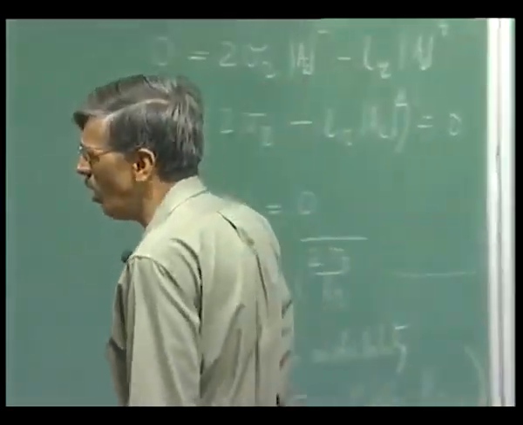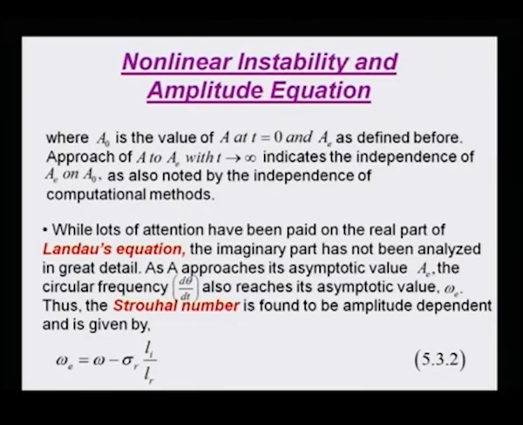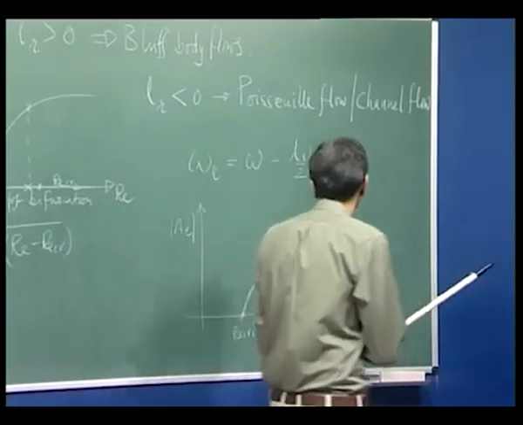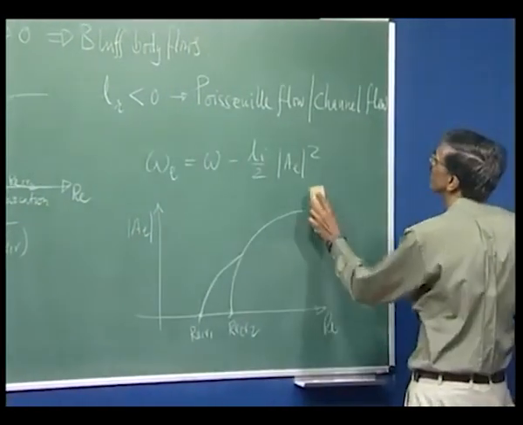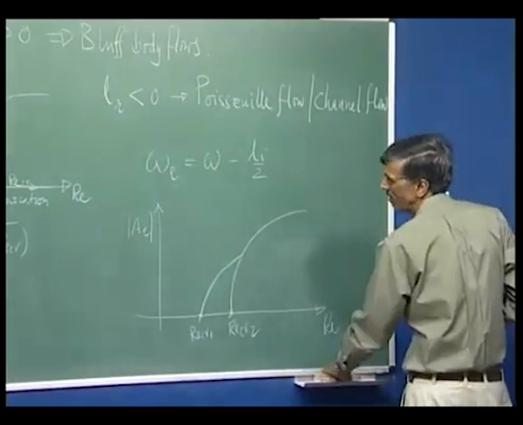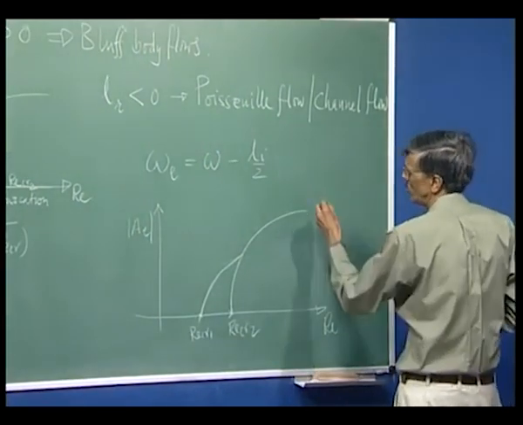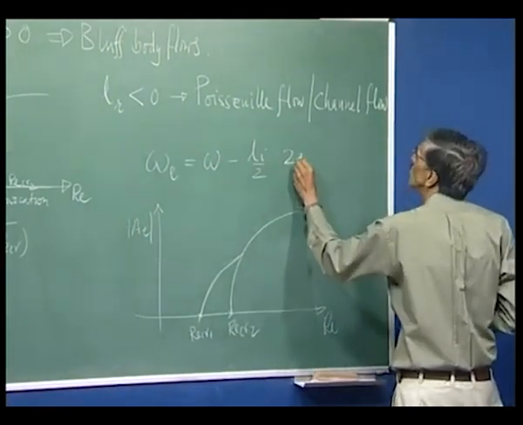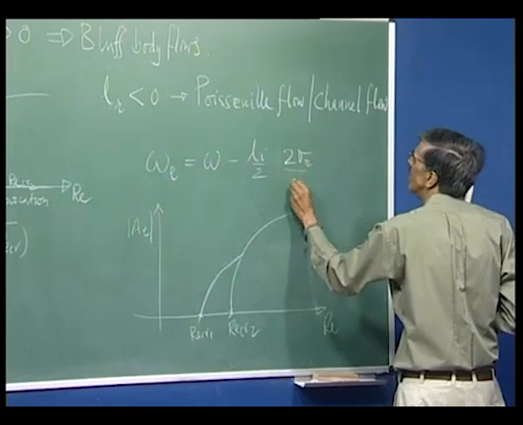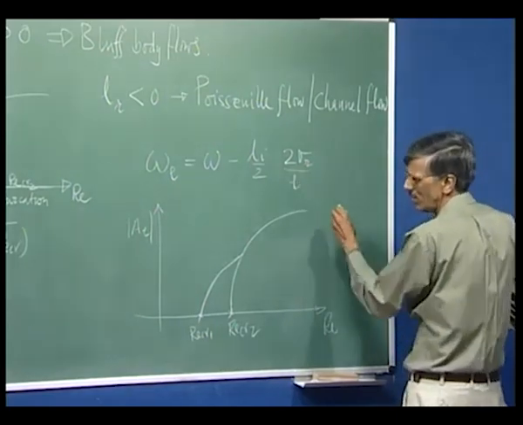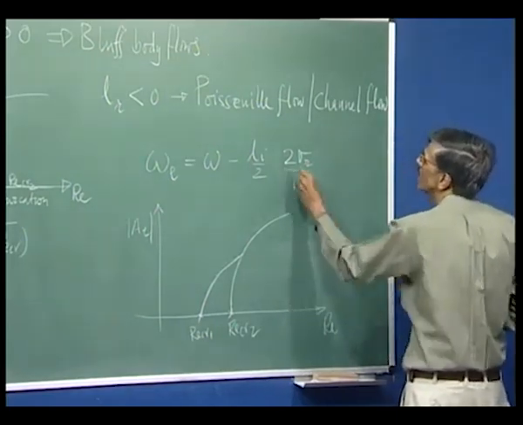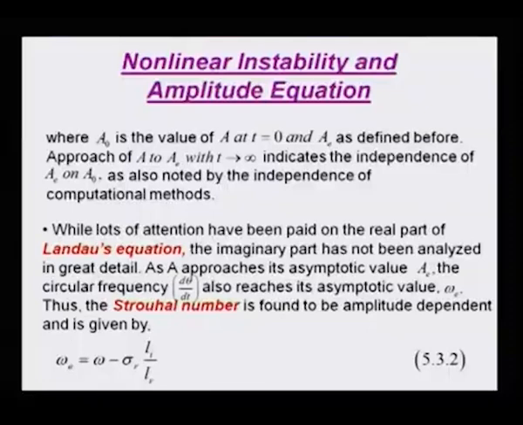So, although we wrote earlier in terms of like this, but now suppose I replace A square by what we have there, that will be 2 sigma r by L r, then we are seeing that relation, right.